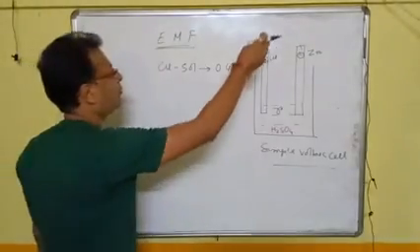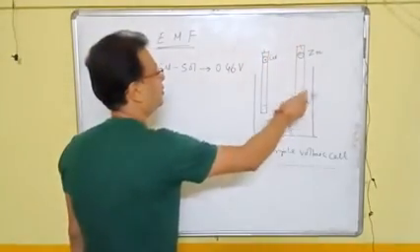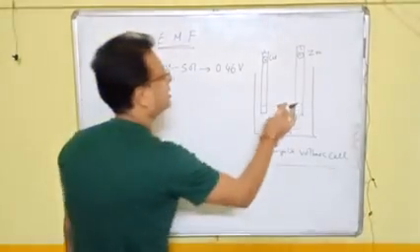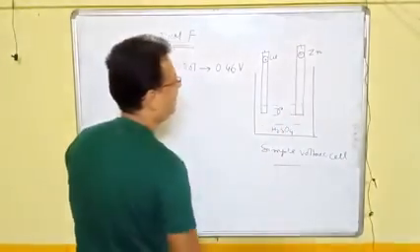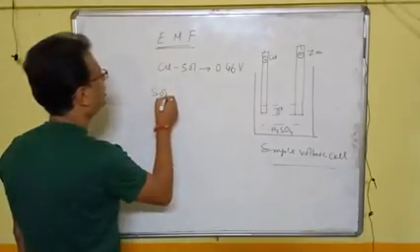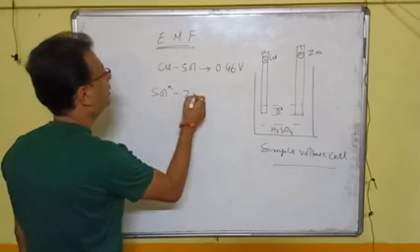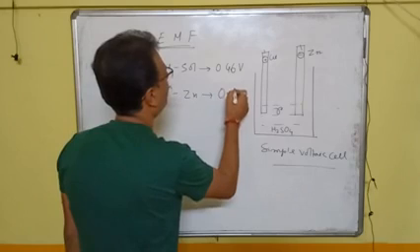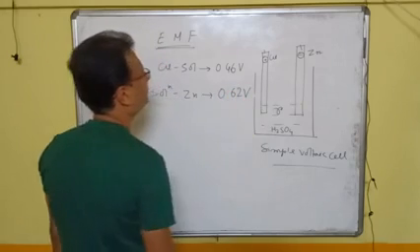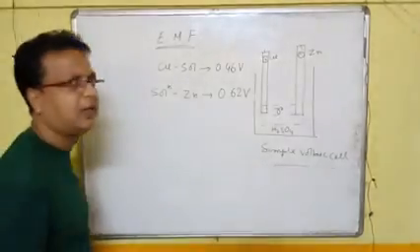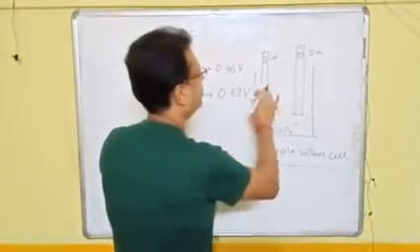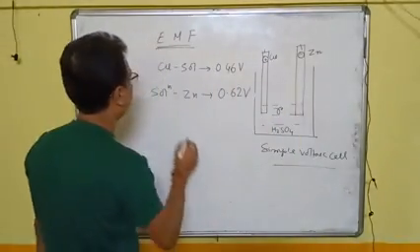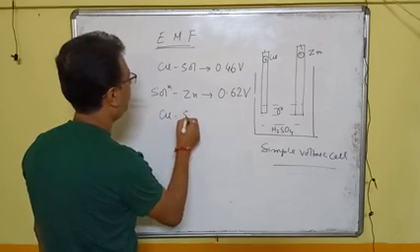Now, if you put a zinc electrode into the solution, there is again a potential difference between the solution and the zinc rod, of around 0.62 volts. So ultimately, there is a potential difference between these two electrodes, that means between the copper and zinc.